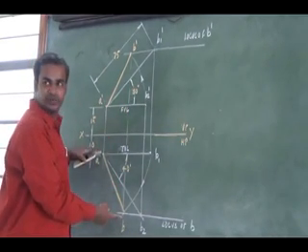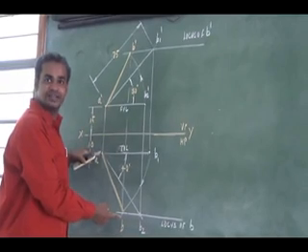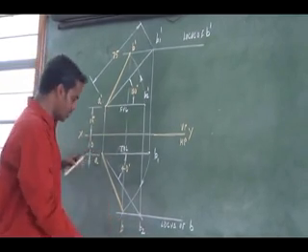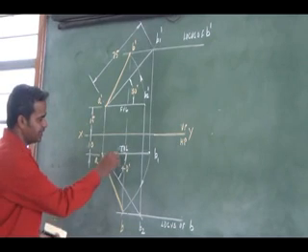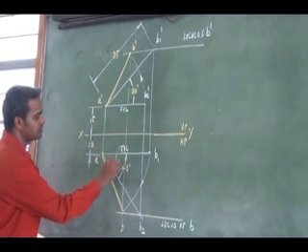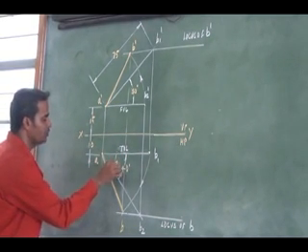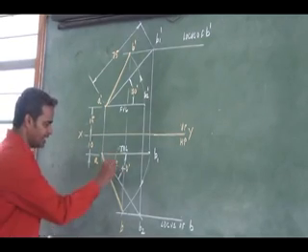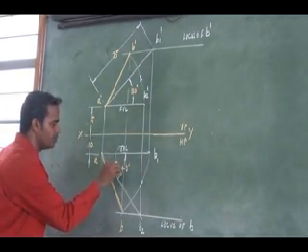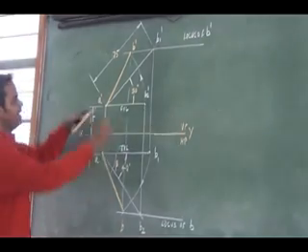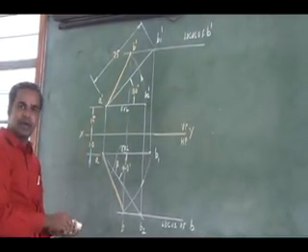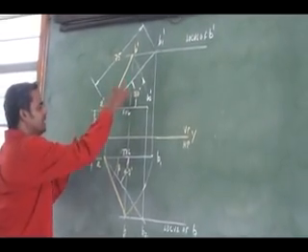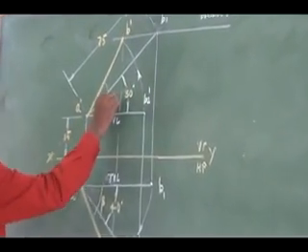The inclination I have in the top view is an apparent inclination, notated as beta. The apparent inclination of the front view is notated as alpha.